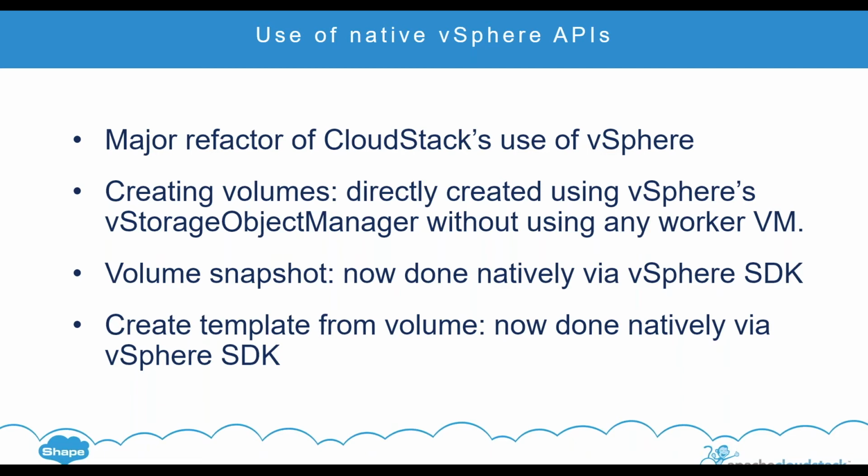And creating a template from a volume, the same really applies there. We're not having to get down in the weeds to make this happen. We just make an API call via the SDK to Vsphere to ask it to do that for us, please.